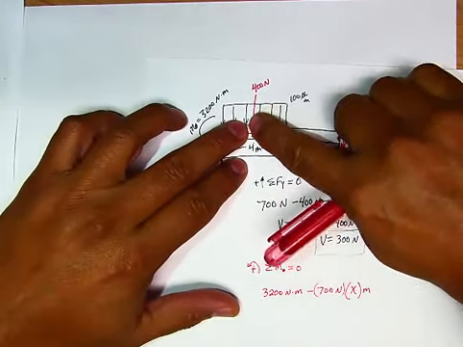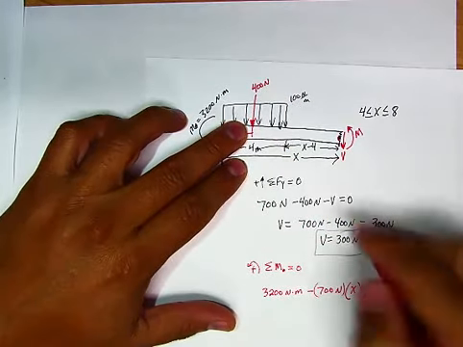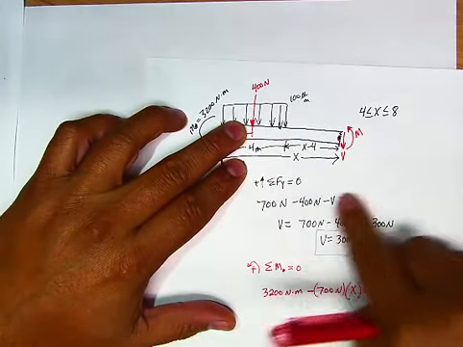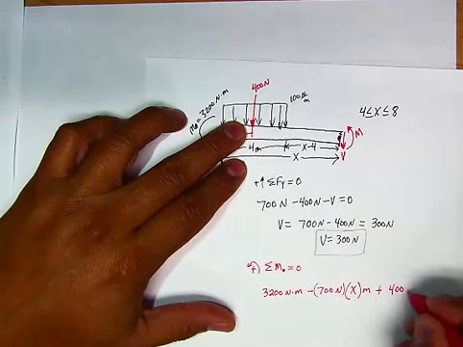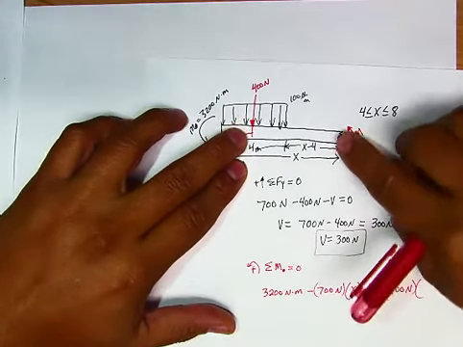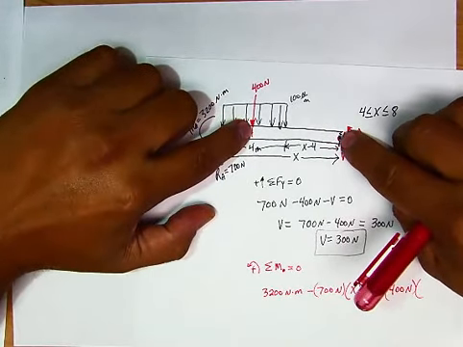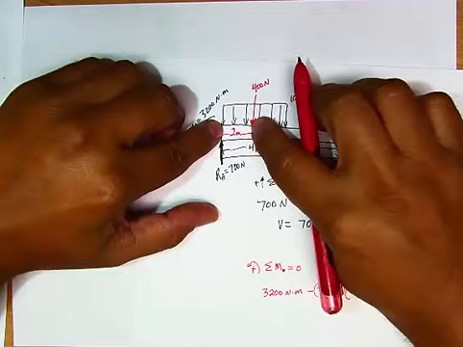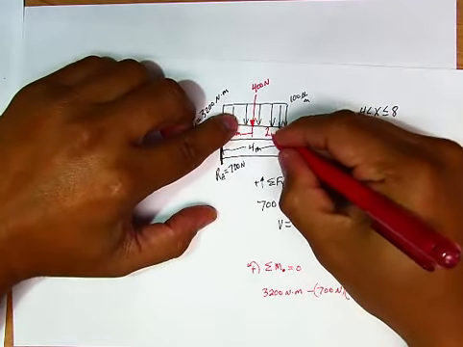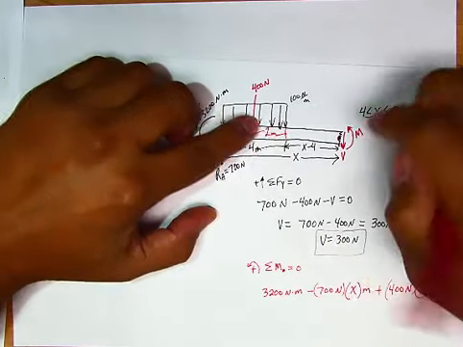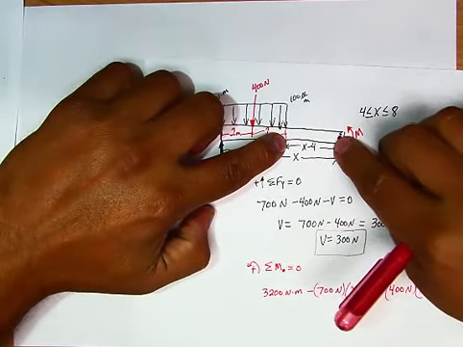And then now we have this 400 Newton force. This 400 Newton, this is producing a counterclockwise movement from this point. So this is plus 400 newtons. And that one in particular has an interesting distance. What is the distance from here to here? So we know this is in the middle, so this is 2 meters. This is also 2 meters. But from here to here, it's x minus 4.